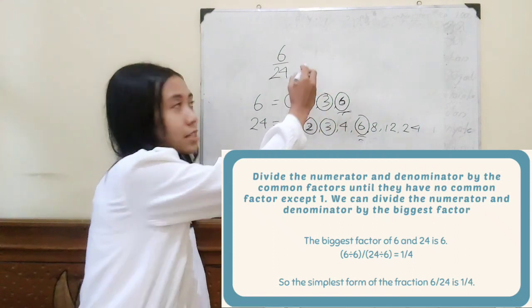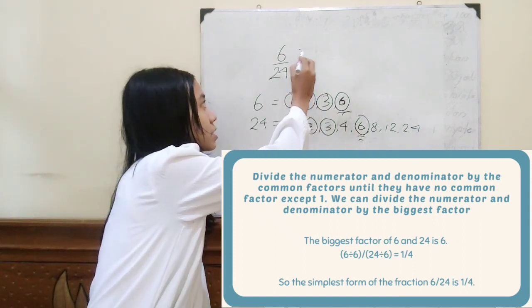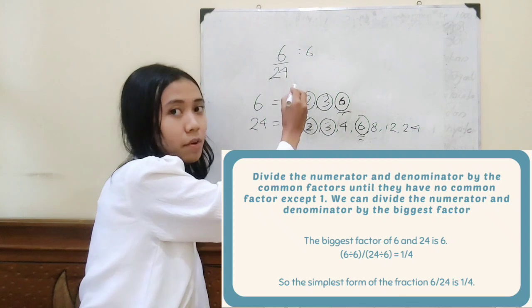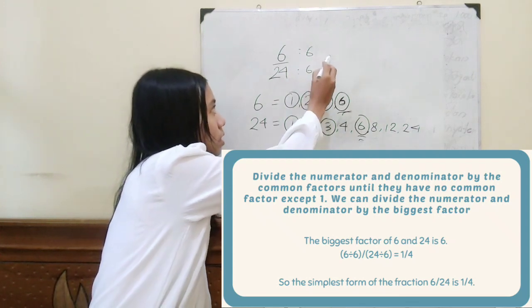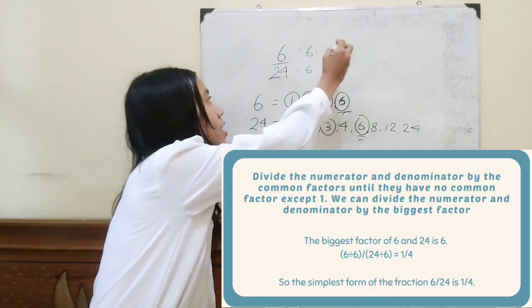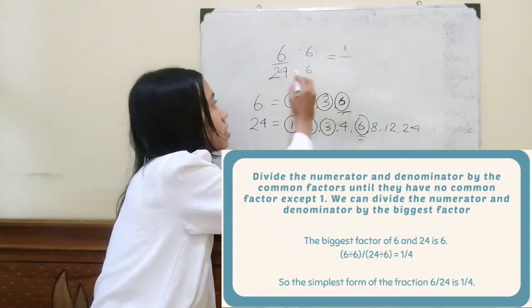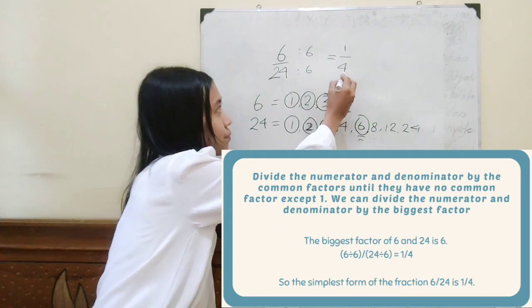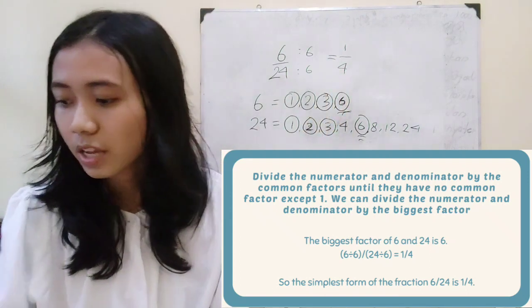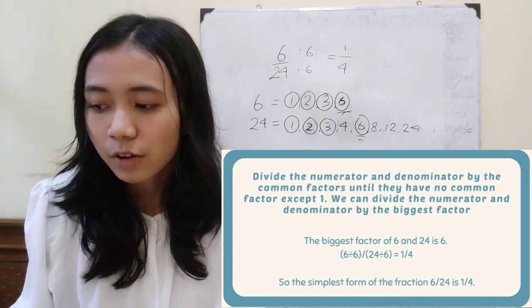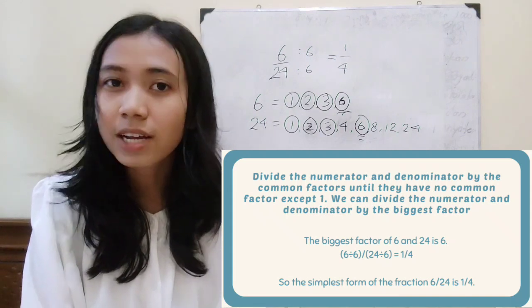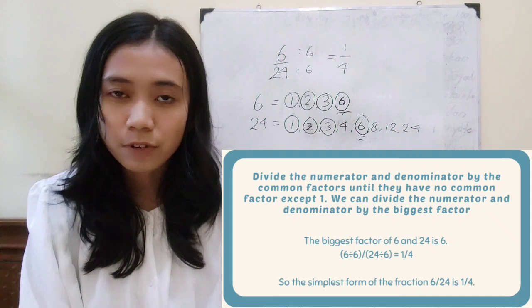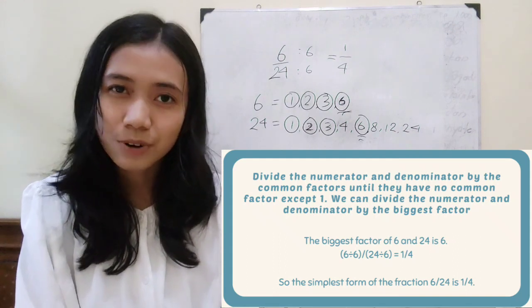So the numerator is divided by 6 and the denominator is divided by 6 too. We get 1 over 4. So the simplest form of the fraction 6 over 24 is 1 over 4 or a quarter.